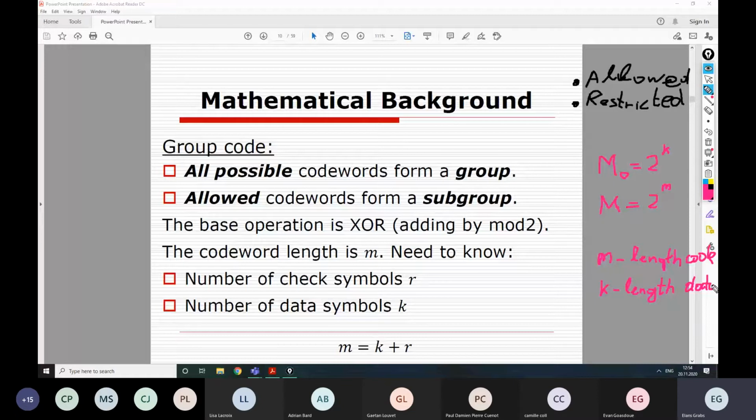But first of all, let's point out that for the group code, all possible code words form a group. So this set of all possible code words is a group by all the definitions, while allowed code words, which are only a part of this set, form a subgroup.